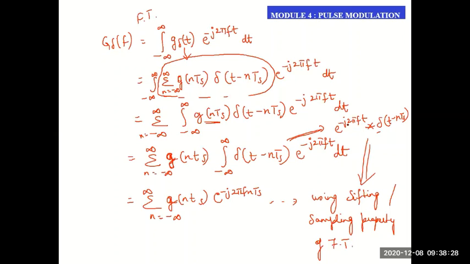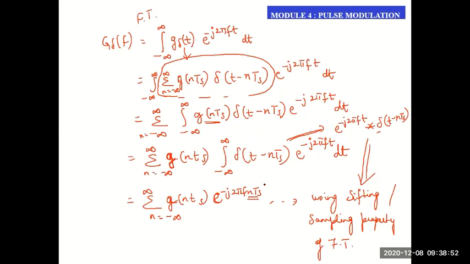We say that any given function, when it is convolved with an impulse, will result in that function shifting to the point where the impulse exists. So here the impulse is existing at nTs. So I'm shifting this e power minus j2 pi f t to the point nTs.